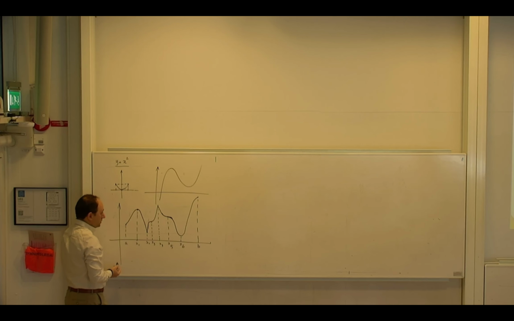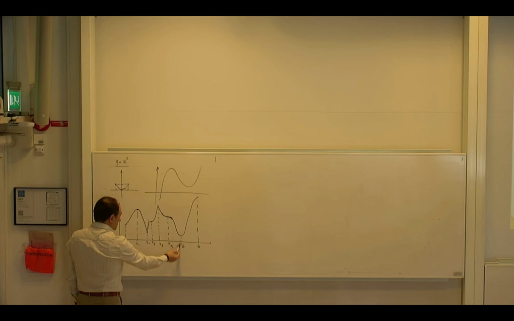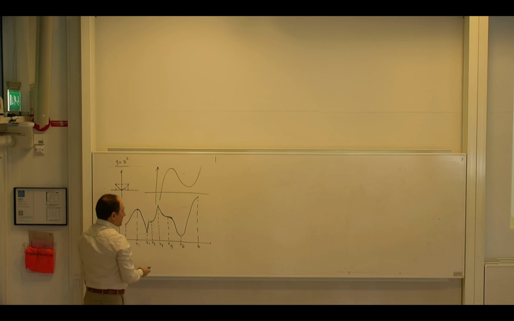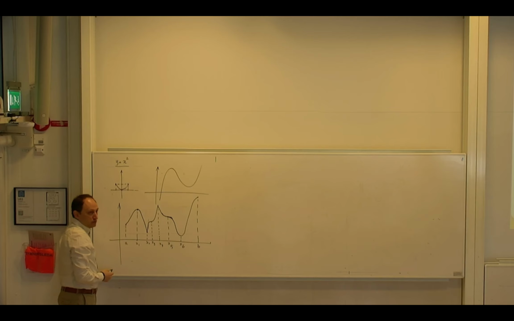You see that this is not the minimum, because here is lower. But this is locally minimal. It means that the height of this point is lower than the height of the points in the vicinity of that point, in the neighborhood of that point. So that is the local maximum, and that's the local minimum.